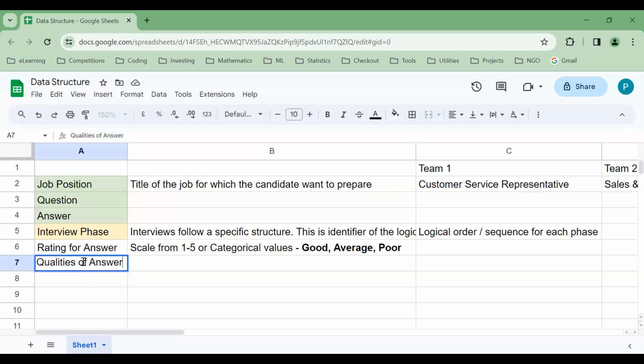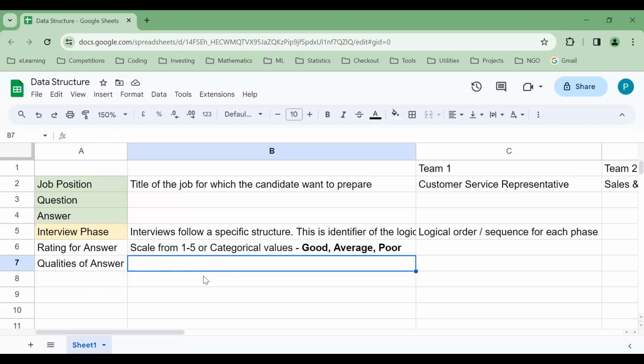Just going back to what you talked about, the length of the answer could also be one of the features. For example, if it's overly short, that might not be a great answer. But also there's normally a specific way of answering questions.